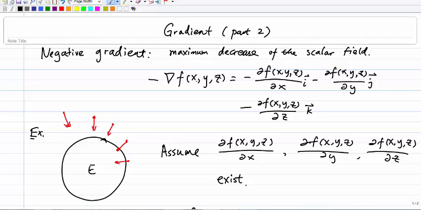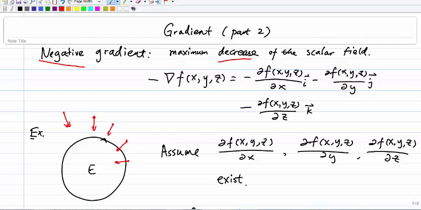The negative gradient means the maximum decrease. If it's negative, it's a decrease; if it's positive, it means an increase.